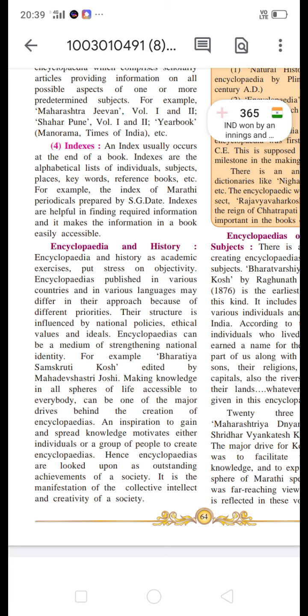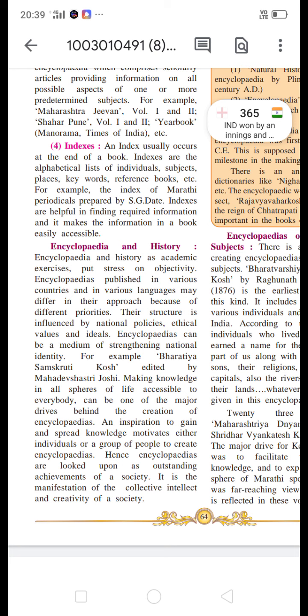Whatever their history is, it is given in this encyclopedia, the Bharatvarsha Prachin Aitihasik Kosh.